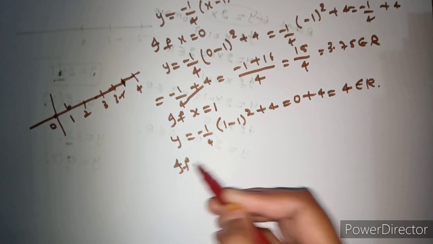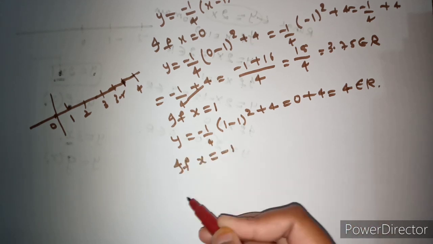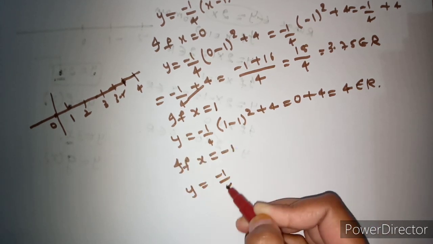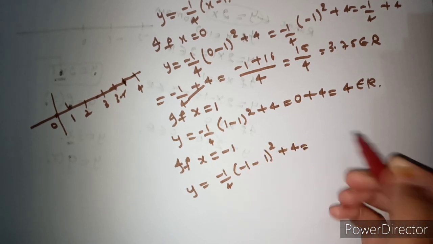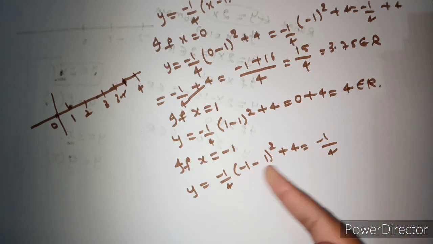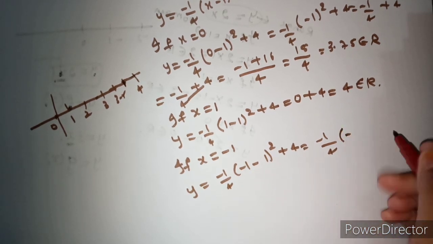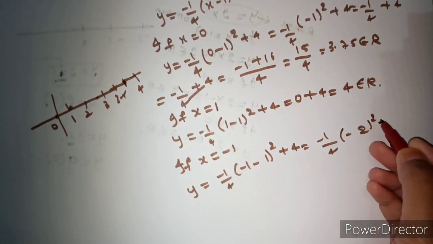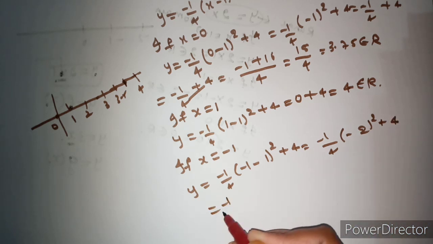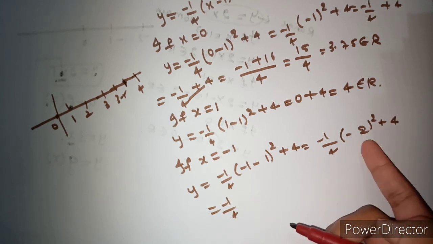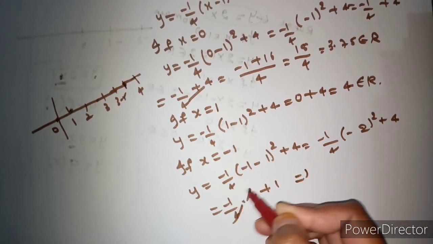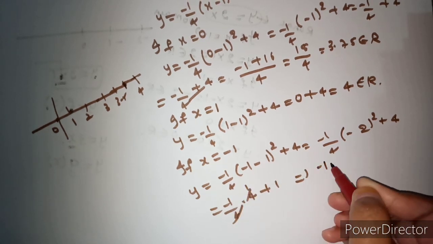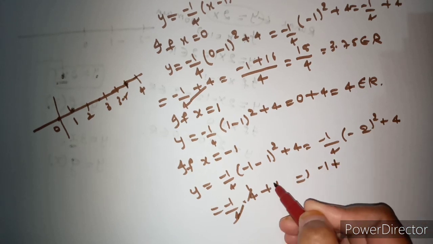Next, if I am taking x as minus 1, y is equal to minus 1 by 4 into minus 1 minus 1 whole square plus 4. Minus 1 minus 1 is minus 2, square is plus 4. The 4 gets cancelled. So minus 1 into 1 is minus 1 plus 4.